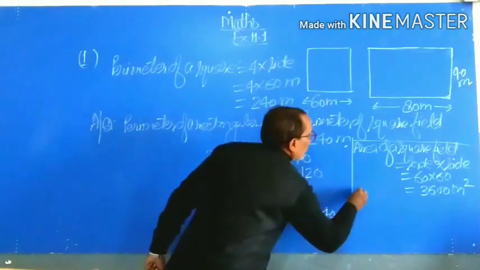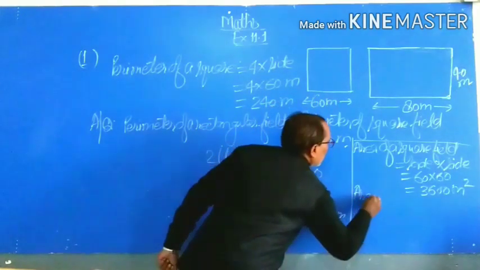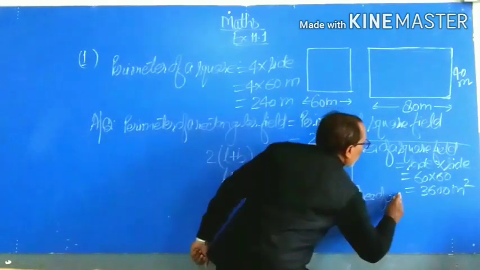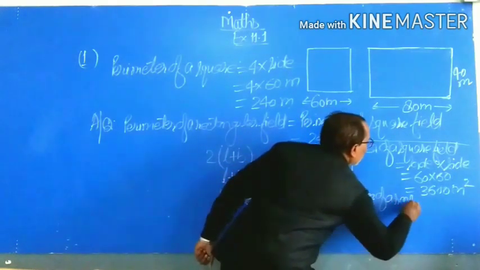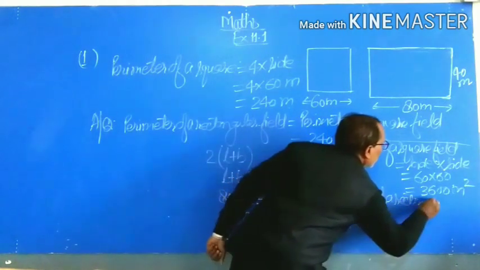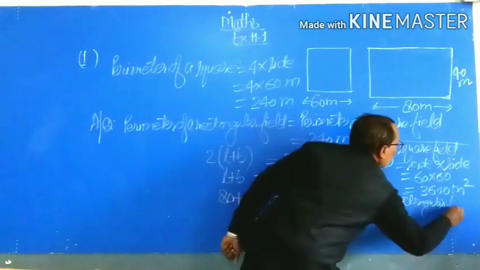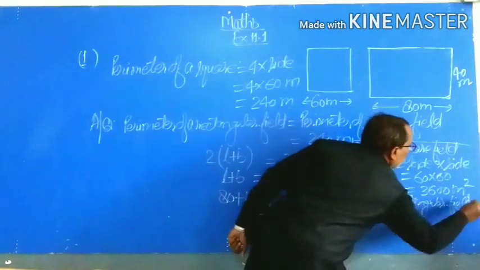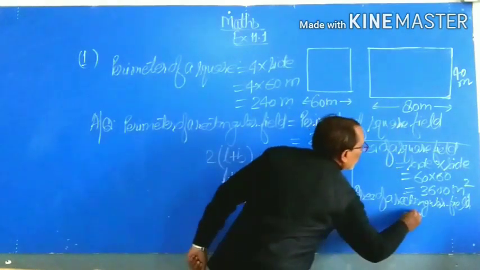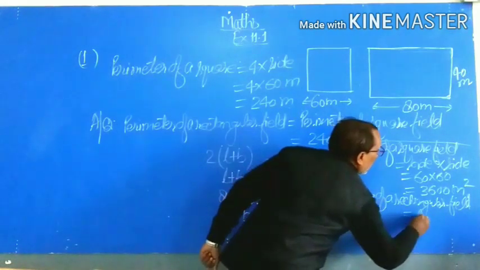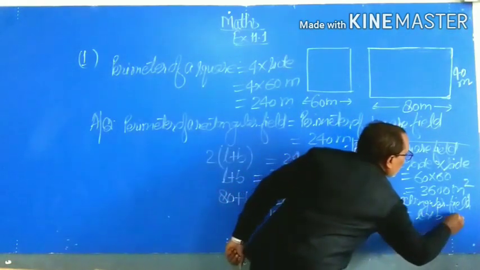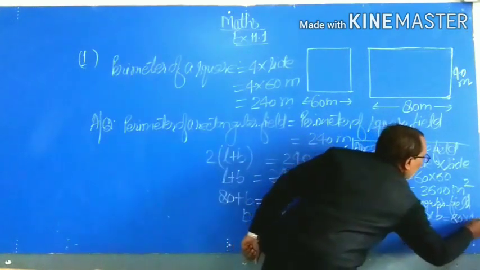Area of a rectangular field is equal to L into B, that is 80 into 40.